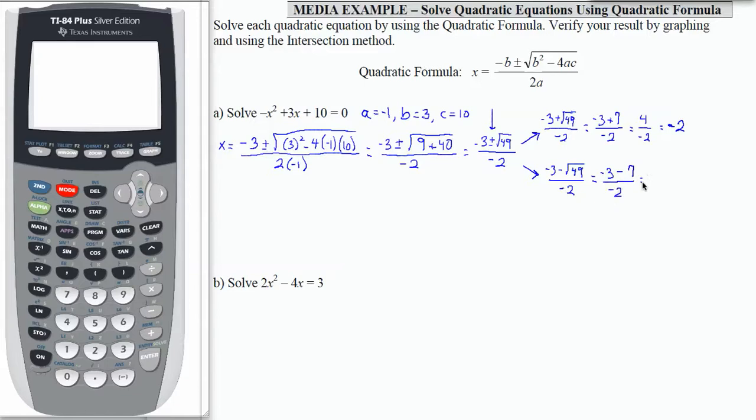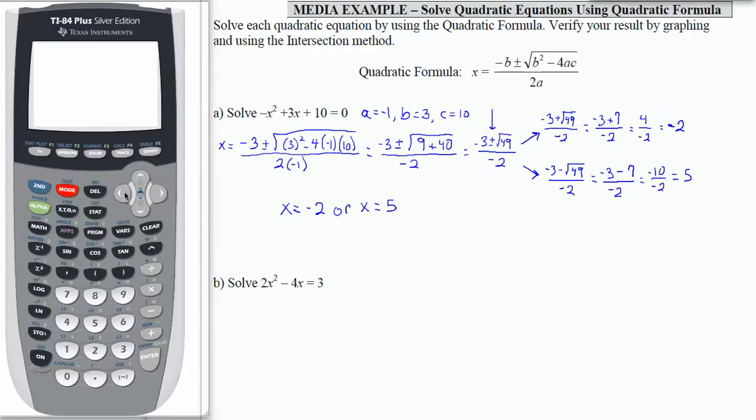So we get negative 10 divided by negative 2, which gives us a positive 5. So we have determined using the quadratic formula that our solutions to the original quadratic equation are x equals negative 2 or x equals 5.